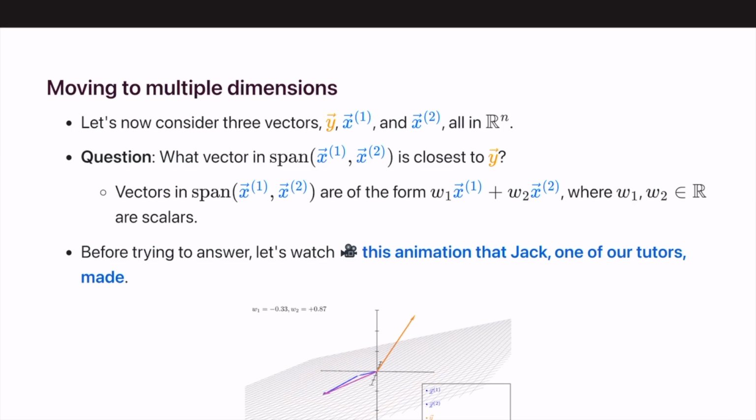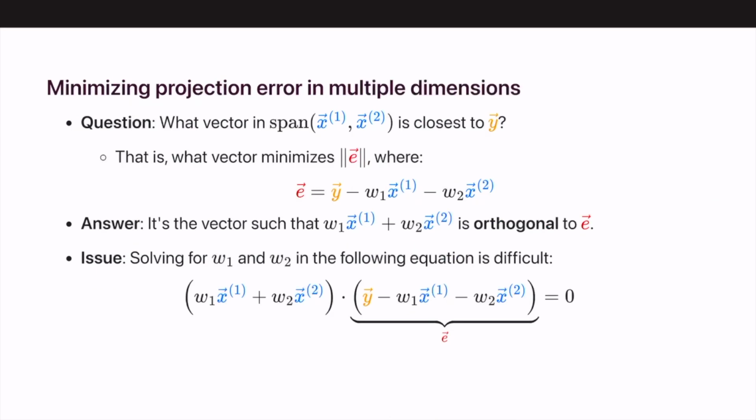Once you've done that, we'll look at minimizing projection error in multiple dimensions instead of just one. So now that we're going into multiple dimensions, before we had just one vector, x, and now we have multiple vectors, x1 and x2, which are both in the span. What we want to find is what vector in this span is as close to y as possible. And what that really means is, what vector is going to be orthogonal. So for the span, where x1 and x2 are vectors in that span, we can write that as w1 x1 plus w2 x2.